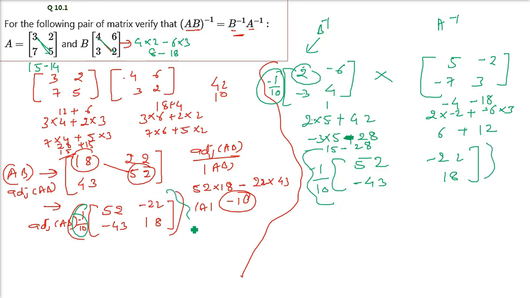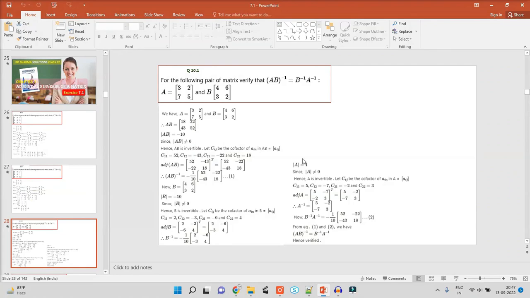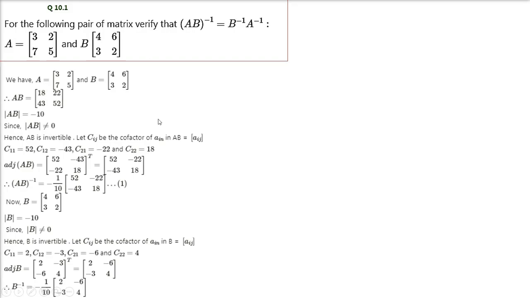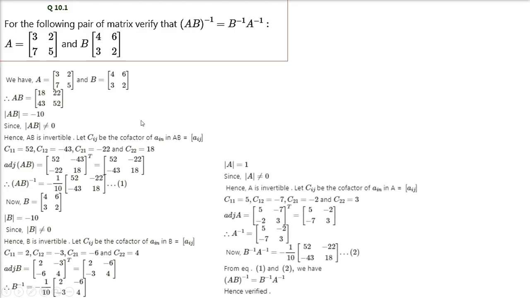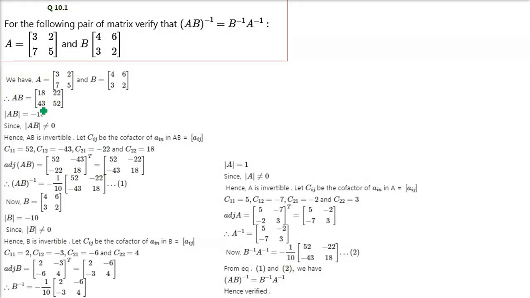If you see, these two are exactly similar, so the equality is verified. So I'm just cleaning it and I'm going to show you the proper result. If you're doing it in your exam or in your classwork, you have to do exactly like this. You have to write everything, like we have AB is invertible. You have to check the determinant of A and B also. This is not equal to 0, this has to be found out, because singularity and non-singularity have to be checked, because this comes when the inverse has to be found.